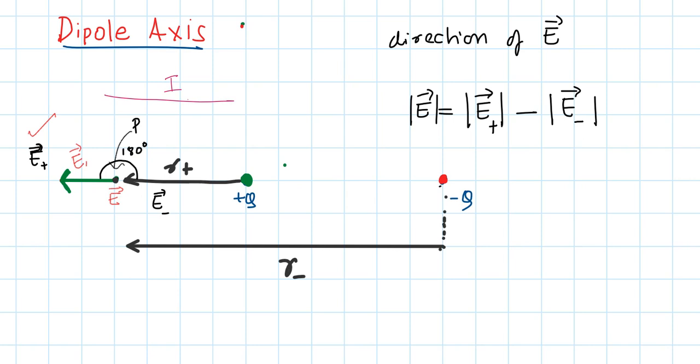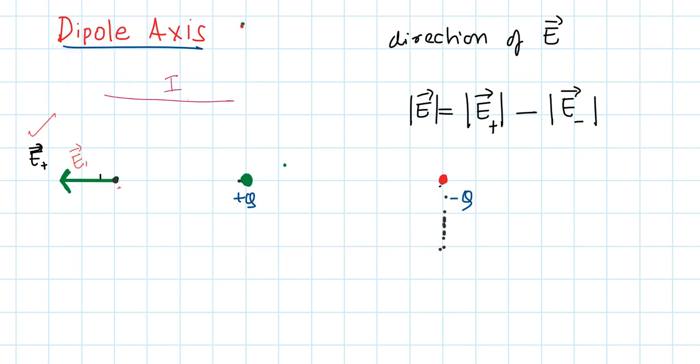So there you go, getting rid of all the remaining labels, you can see the direction is too simple now. That's your electric field direction at region 1.